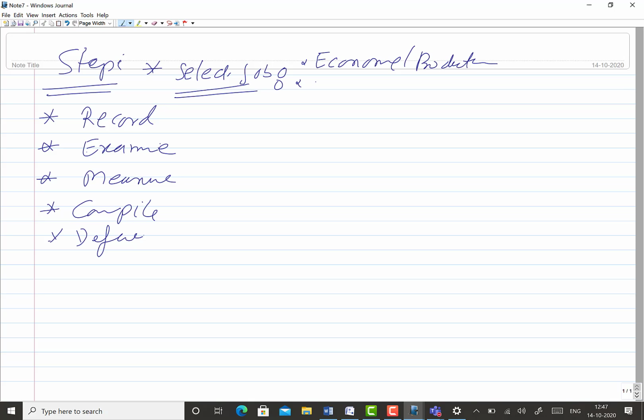Number one, it should be significant in volume, not just once or twice in a year, but significant in terms of the volume being affected or the consistency at which the job is done. So the selection of the job considers its importance for the economy or productivity.